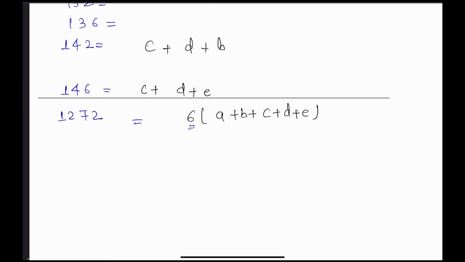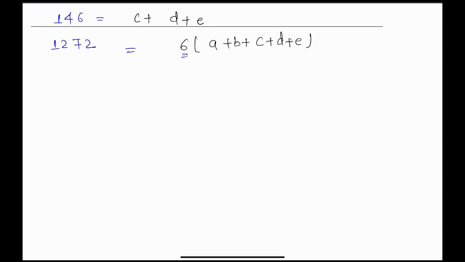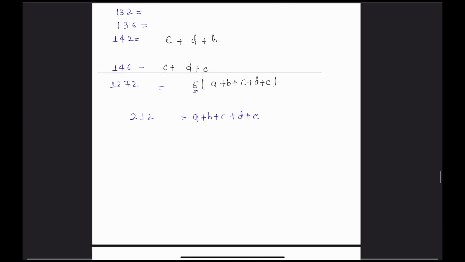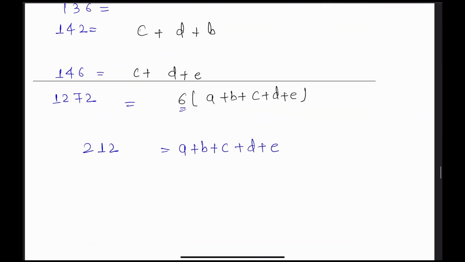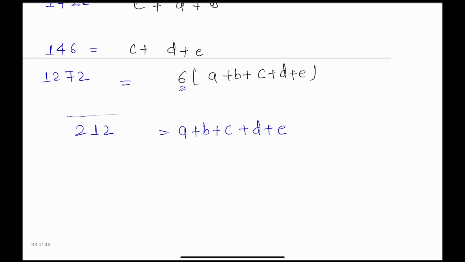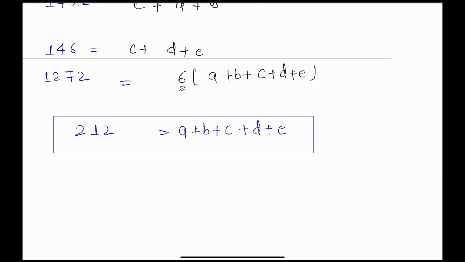1272 done. So with 1272, can I not just write a plus b plus c plus d plus e divided by 6? It will be 212. So I got a value of 212, right? Now I know that 212 is the important value, because with the help of this we will find the other values.